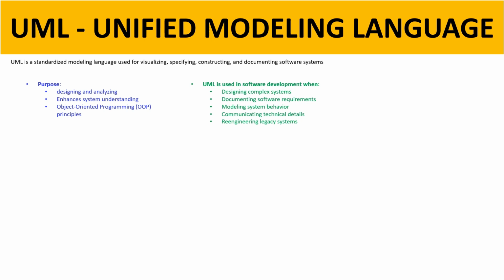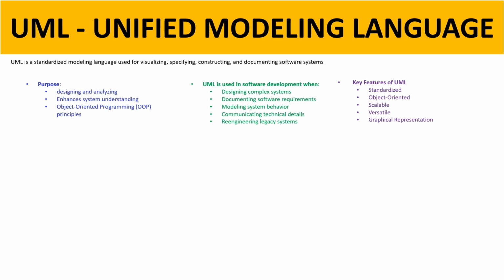It is versatile, which means it supports different development methodologies like agile, waterfall. In UML there are a set of diagrams which you can use to provide more clarity in system design.